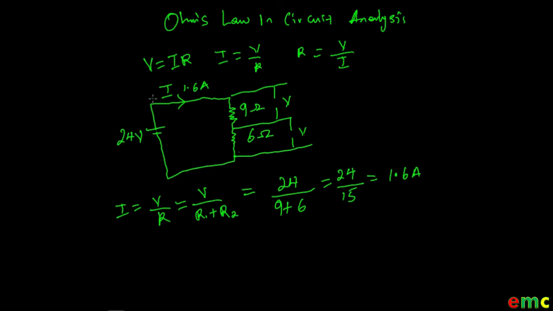So you just multiply the current flowing in the circuit by the resistance. To get the voltage dropped across this 9 ohms resistor, we have V equal to IR. That gives us 1.6 multiplied by 9.